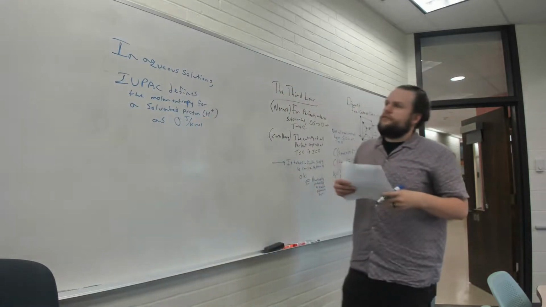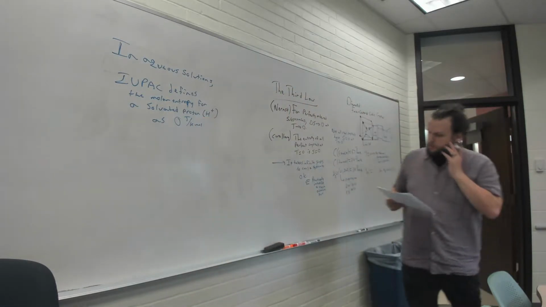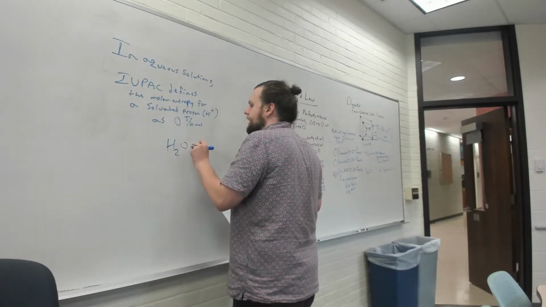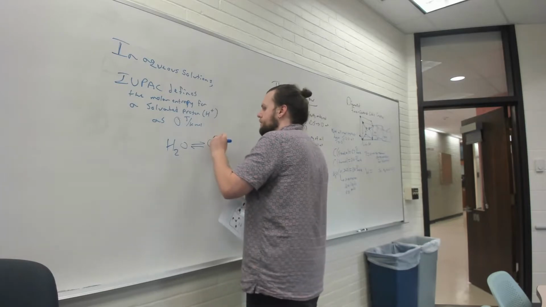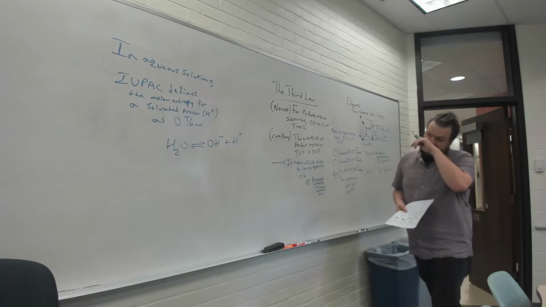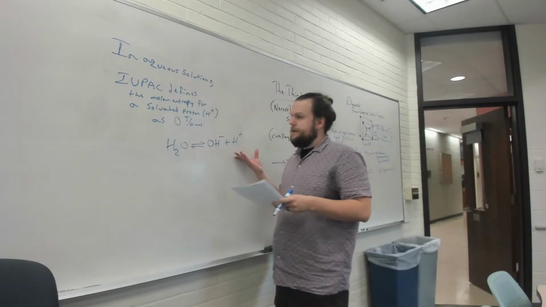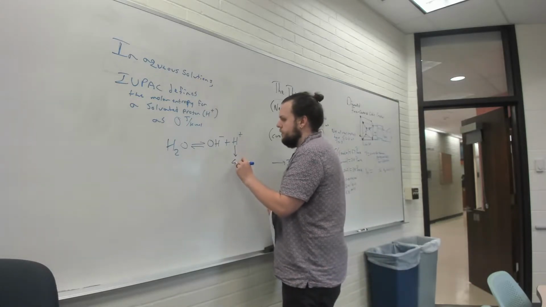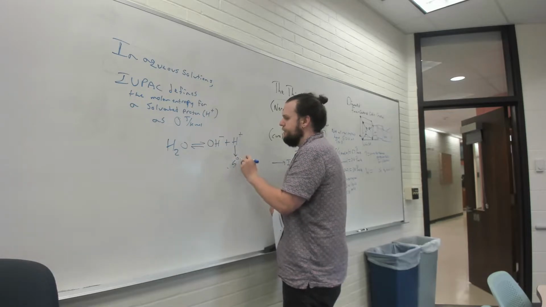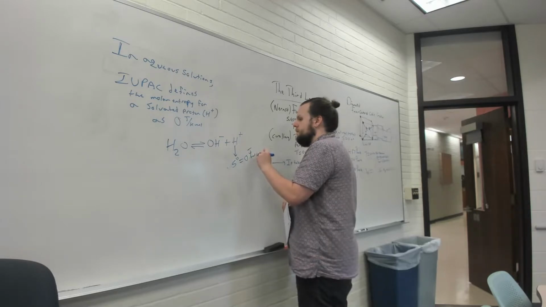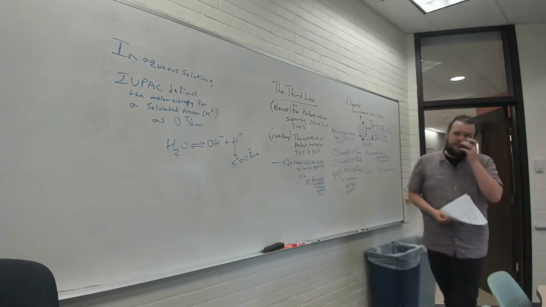When we're dealing with aqueous solutions, remember that water has some equilibrium between OH minus and H plus like this. If you were to measure the entropy change of this reaction, the standard entropy at 298 Kelvin for H plus is 0.